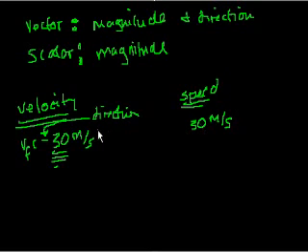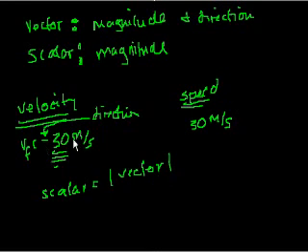In a general way, in one dimension, the scalar of the same quantity tends to be the absolute value of the vector quantity. So in this example, the speed is just the absolute value of the velocity.